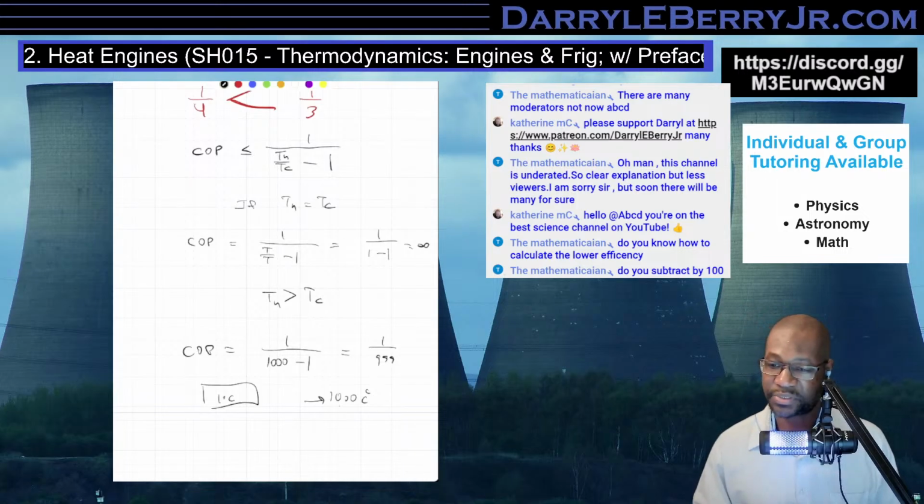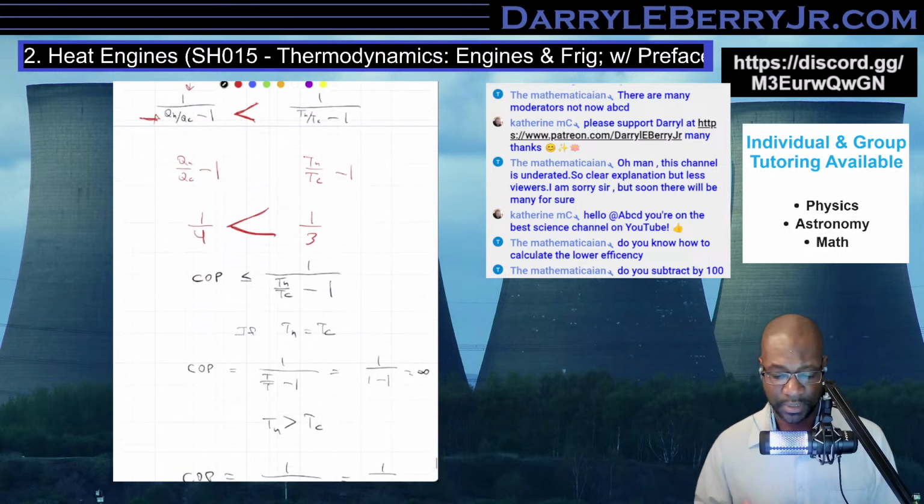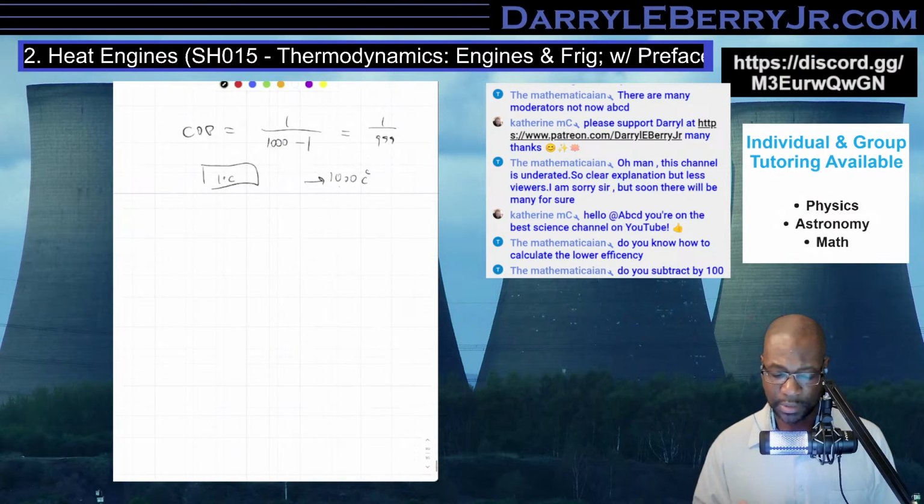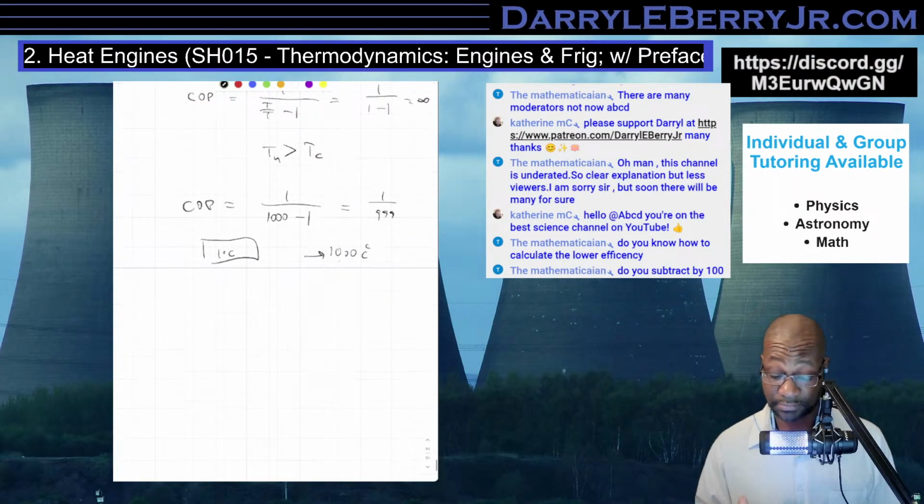And the mathematician says, do you know how to calculate the lower efficiency? You could just plug in whatever temperatures you want. Well, that's a good point. I guess the lowest efficiency would be the maximum difference in temperature.